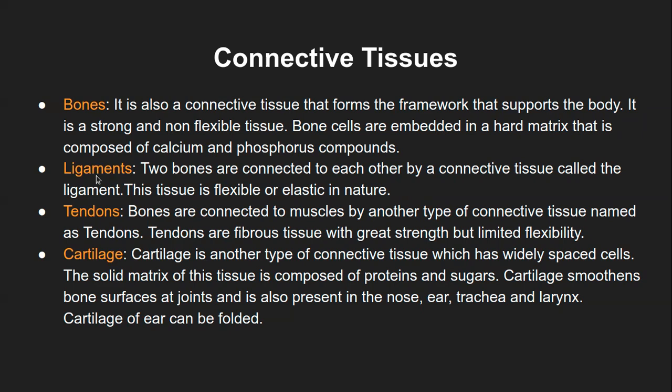Third example is the ligaments. Now, two bones are connected to each other by a connective tissue, that is the ligament. And these tissues are usually flexible or elastic in nature. You name any joint, it will always have a ligament. For example, the elbow joint of the hand.